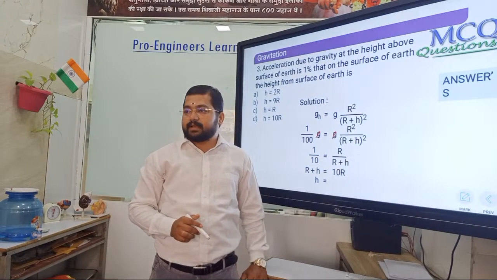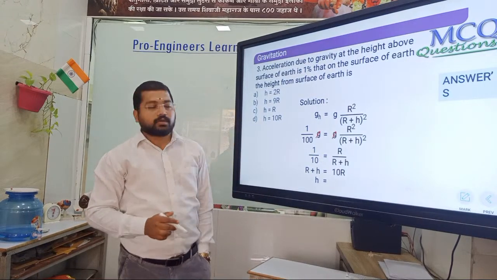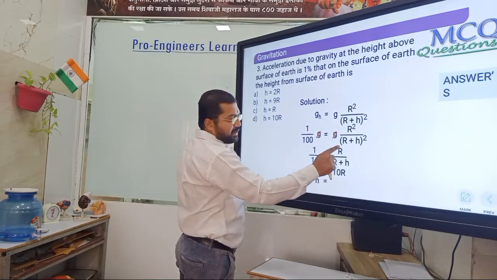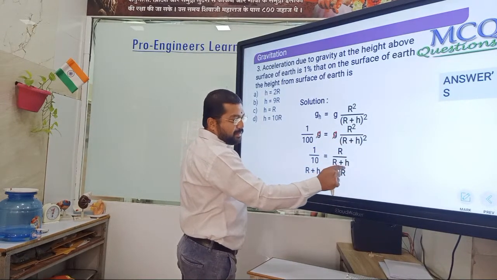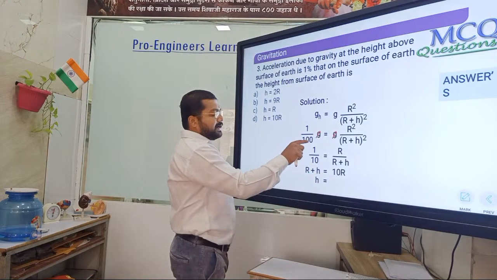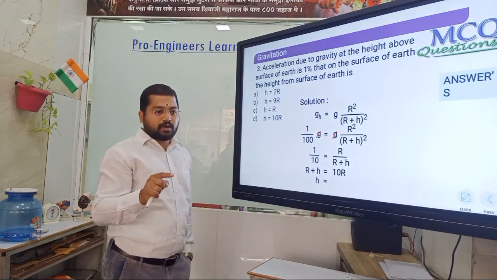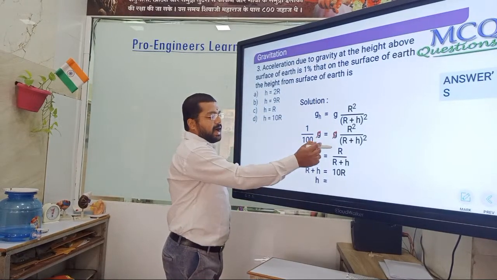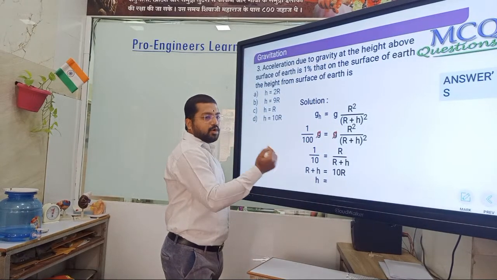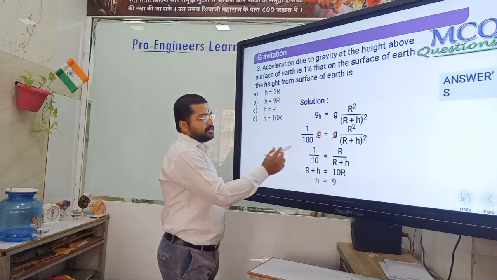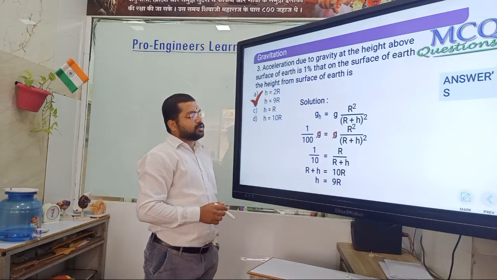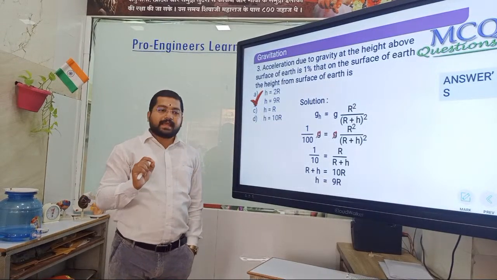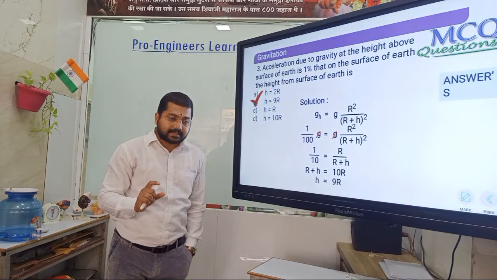Because we have taken square root on both the sides. So R square became R, R plus h square became R plus h, and square root of 100 is 10. So that's why 1 upon 10 equals R upon R plus h. By cross multiplying you will get h is equal to 9R. Right? Very important question it is.